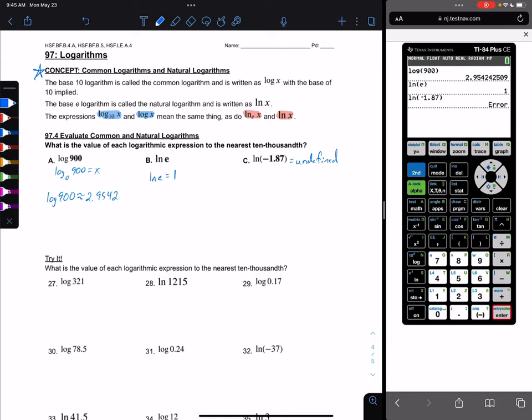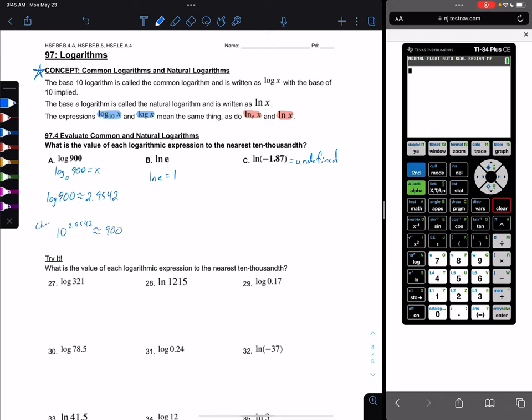If you want to check these to make sure you're doing them correctly, let's say part B, you can do e raised to the first power. This isn't the best example. But that comes out to be 2.7, natural log. If you go to part A, what we're saying here is that 10 raised to the 2.9542 power is approximately 900.